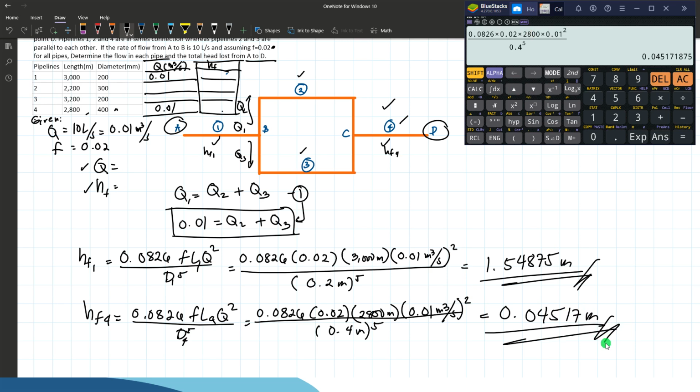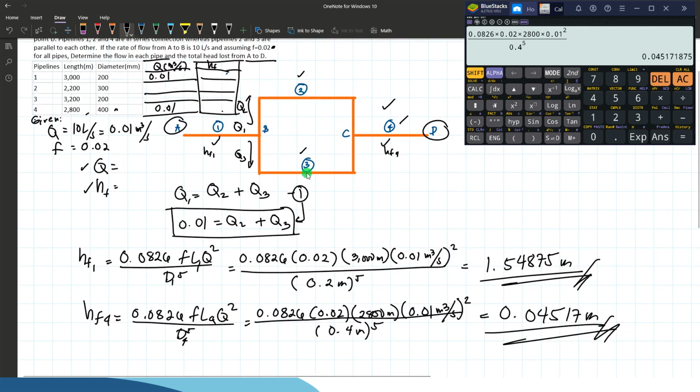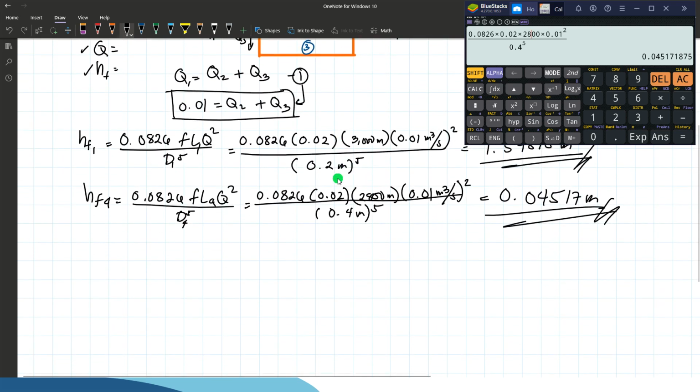Now the problem is to determine the head loss at pipe number 2 and pipe number 3 because we don't have the discharges on pipe number 2 and pipe number 3. So how can we determine those values?